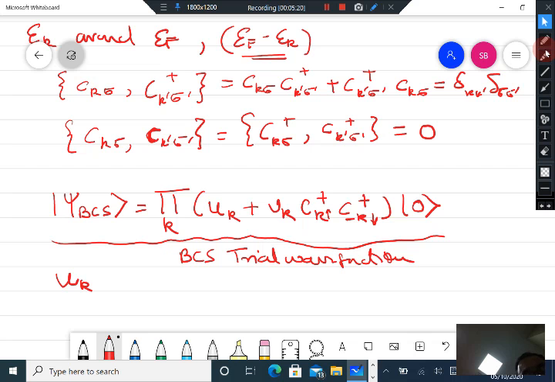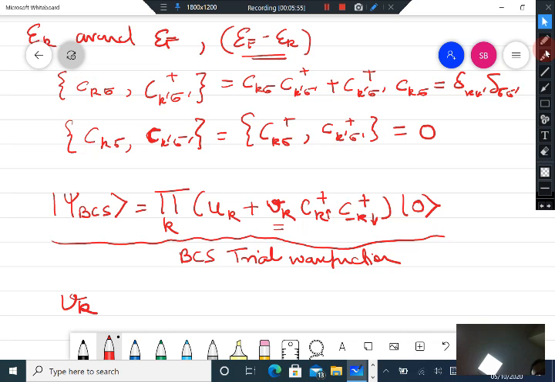Let me write down first vk. You can see that vk, the coefficient in the trial wave function, is related to creating the k spin up, minus k spin down state.